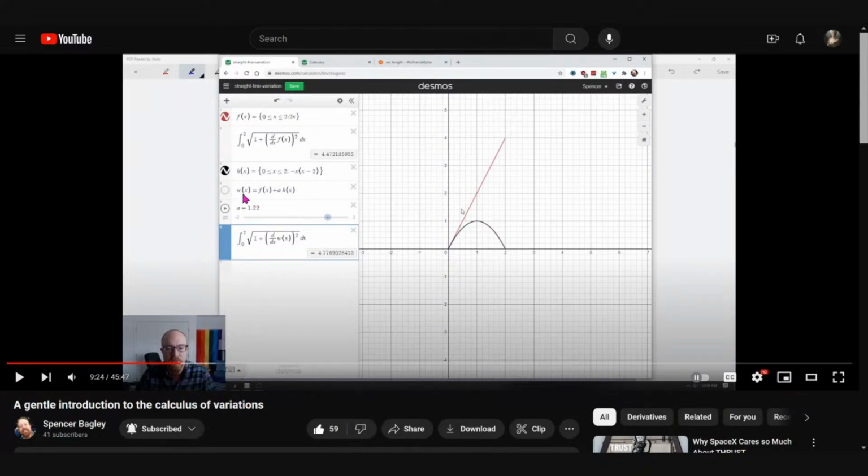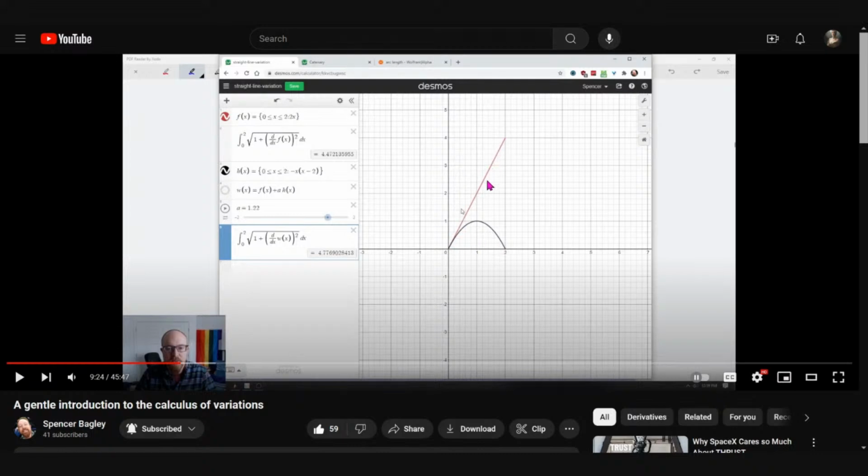Anyway, then we have wiggle of x, which is f of x, the first guy, plus a, which is 1.22 and which we're able to modify, multiplied by h of x. H of x is the eta, our function.